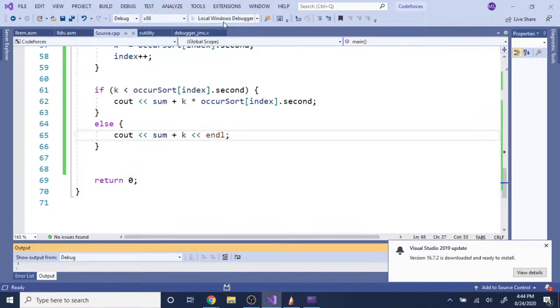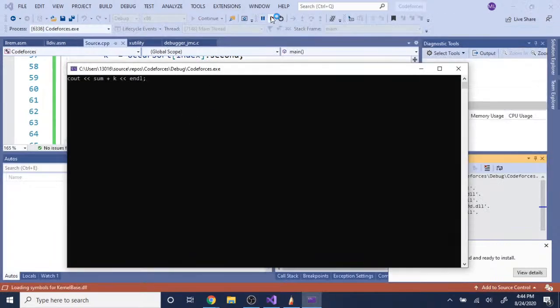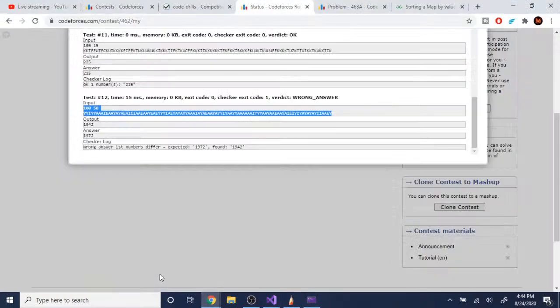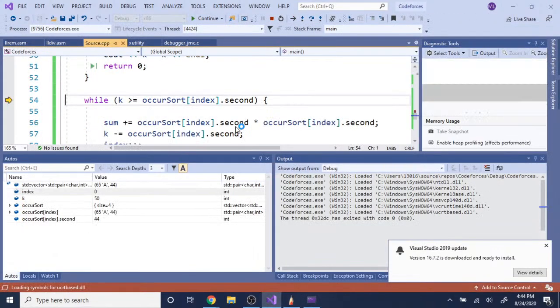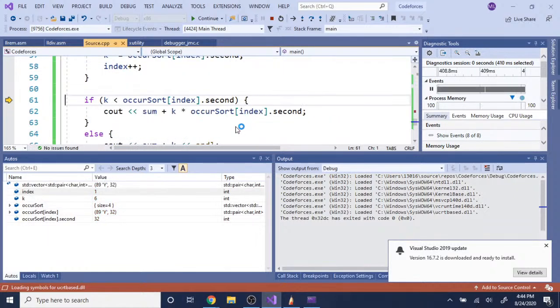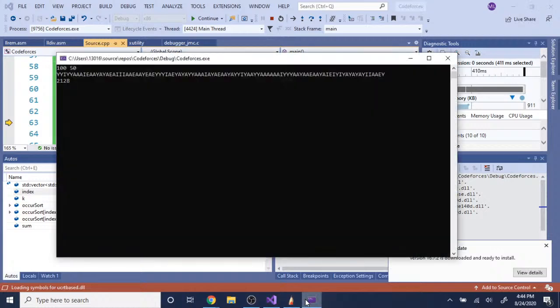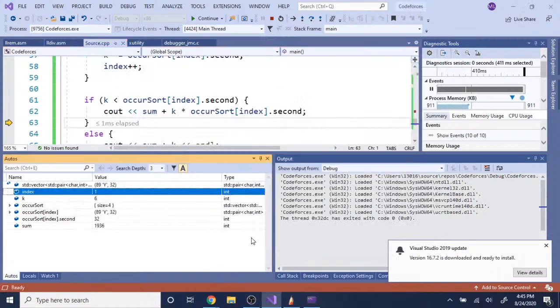So now it should give us the right one. Okay. 2128. That's not right.